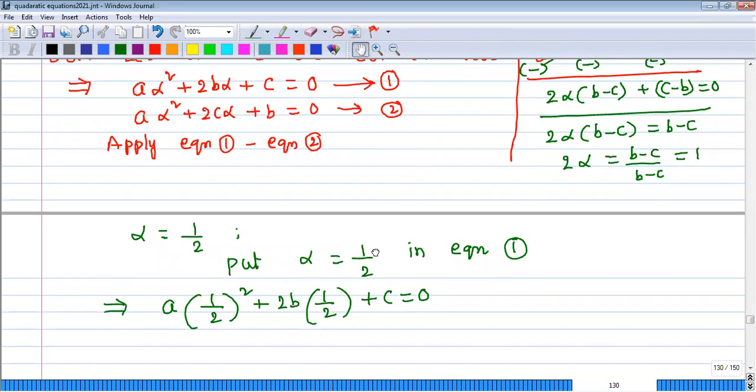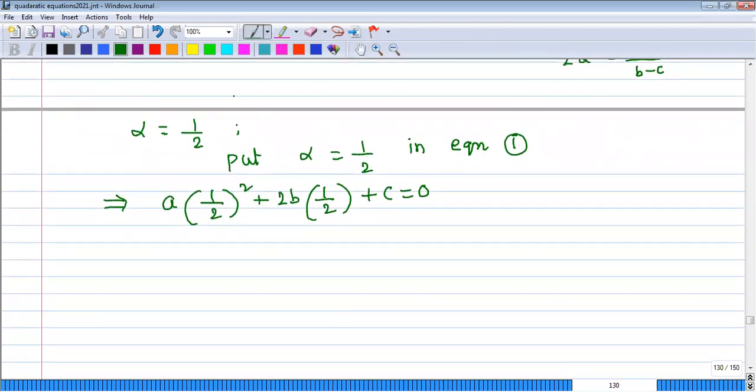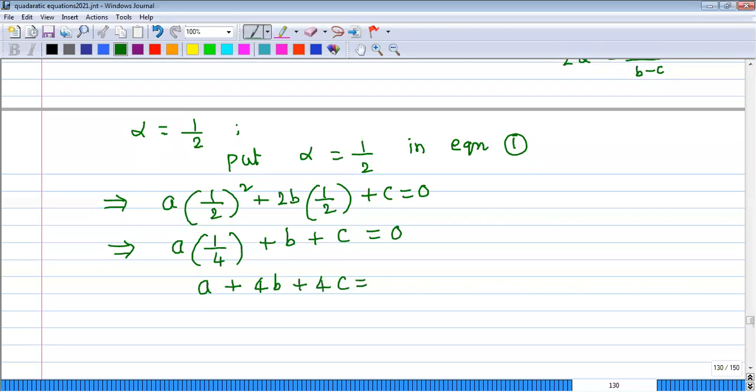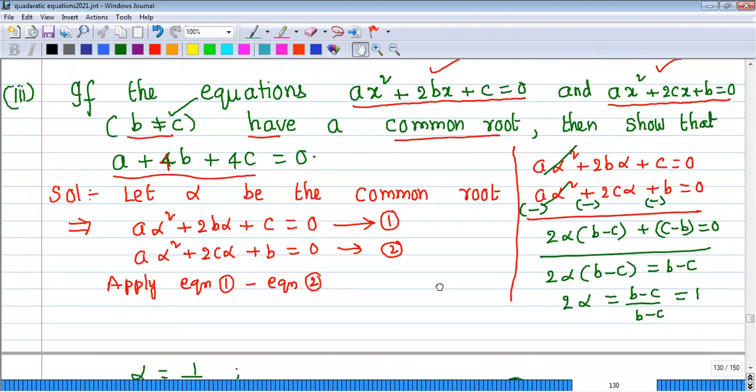So now we need to simplify this. a times 1 by 4, 2 gets cancelled, b plus c equals to 0. Multiply with 4 on both sides. a plus 4b plus 4c equals to 0. So this is the required condition. You check what needs to be proved: a plus 4b plus 4c is equal to 0. So you check the solution once again, all of you.